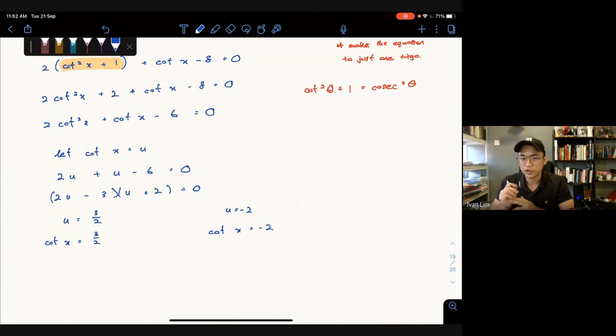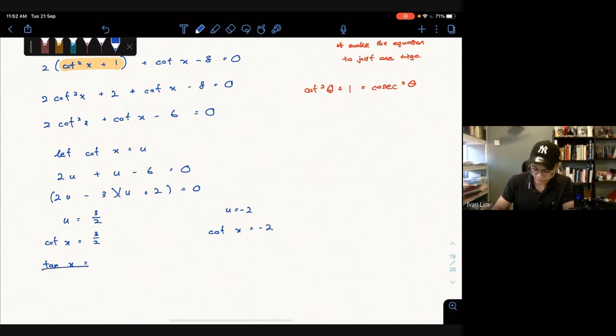ASTC doesn't have cotangent, cosecant, and secant. So if you have cotangent, cosecant, or secant, change it back to sine, cos, tangent. How to change it back? Cotangent is just 1 over tangent.